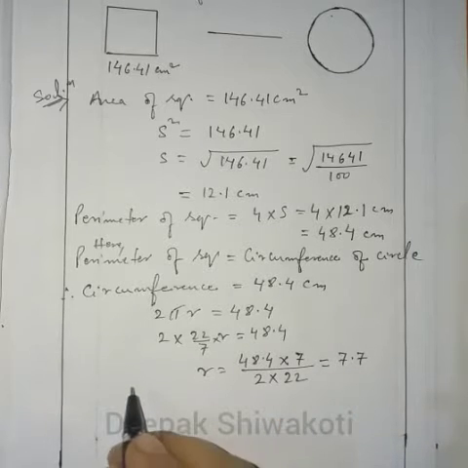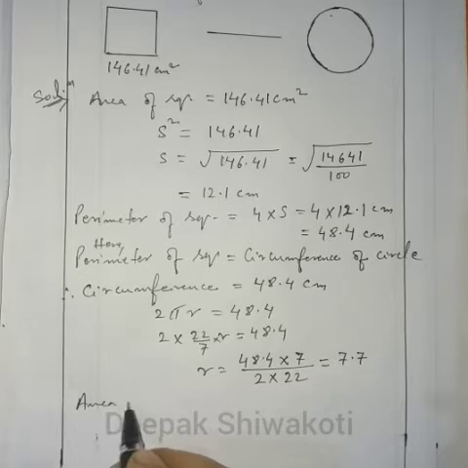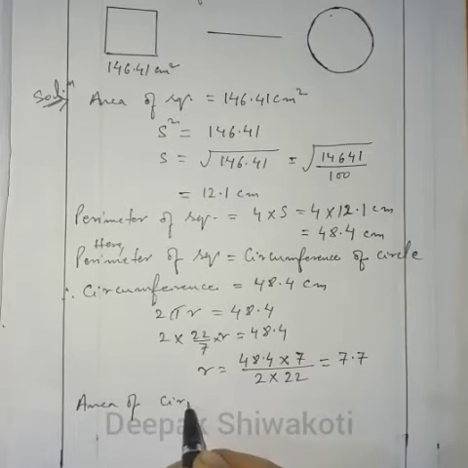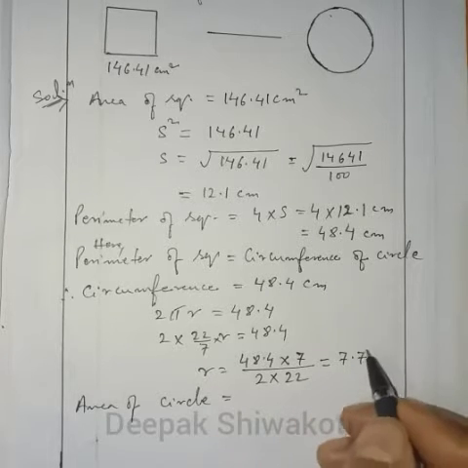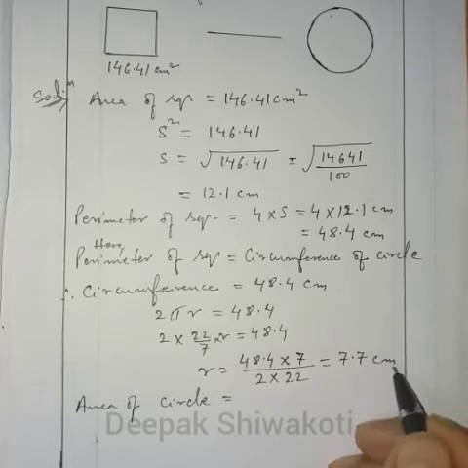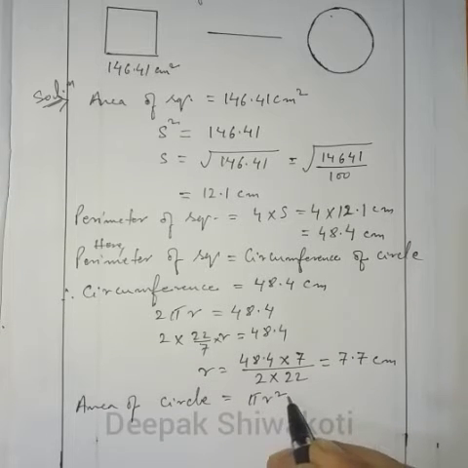So now we have to find the area of the circle. The r is 7.7 centimeter. Now the formula of area of circle is pi r square.